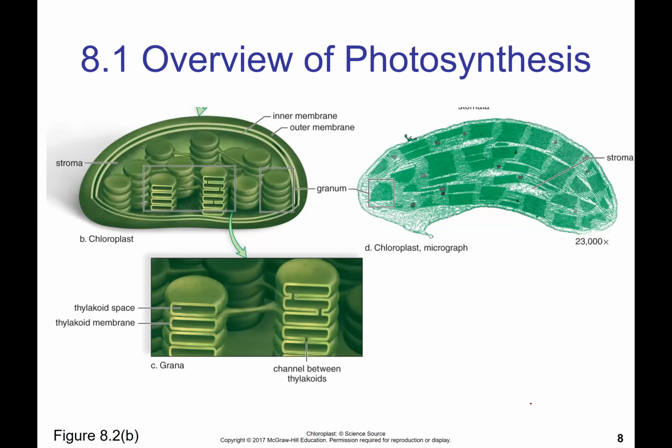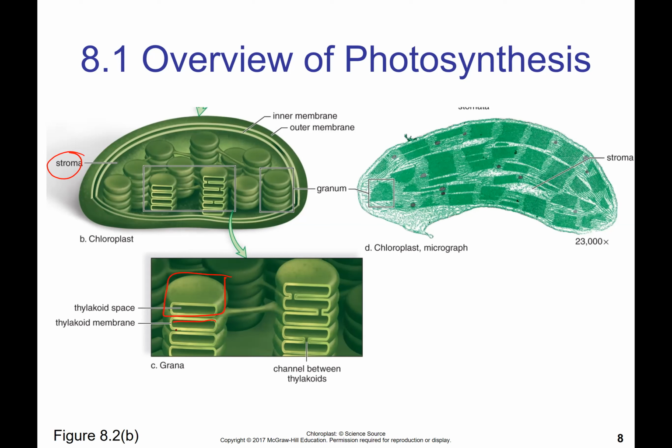Right here we have a picture of a chloroplast. It has the stroma, different from stomata. I know they sound the same, but stroma and stomata are two different things. Don't get those confused. And then we have these little things called thylakoids. So here's one thylakoid.